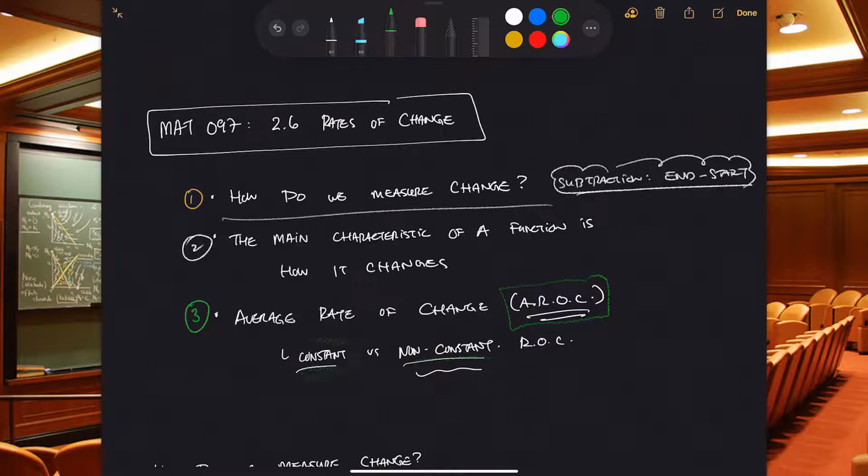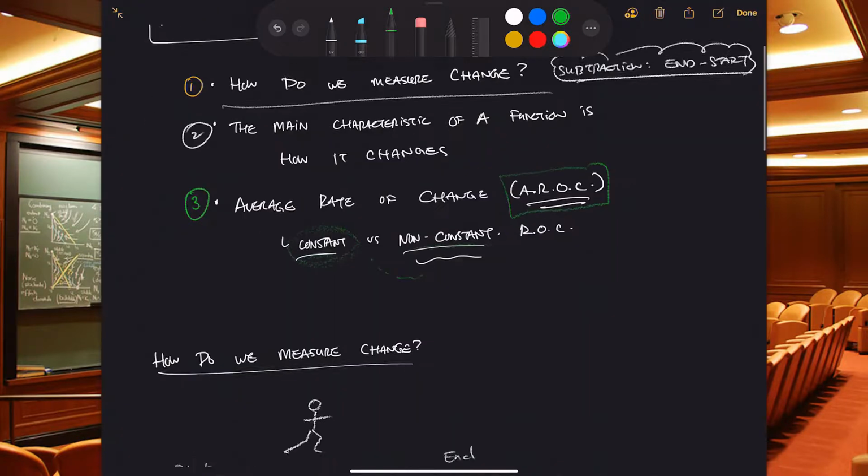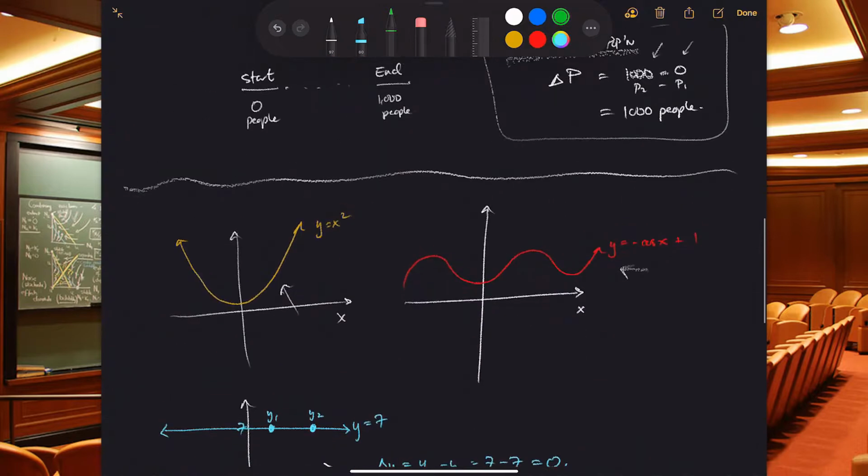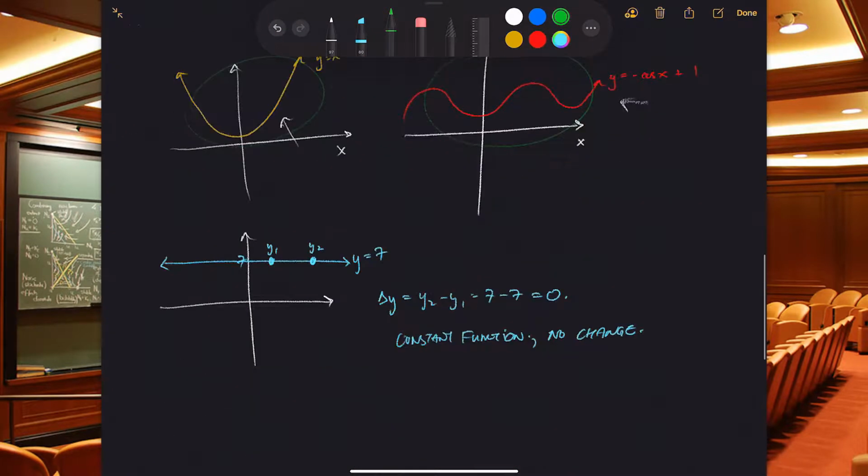Our next unit's going to focus on functions with constant rates of change, and then again we'll dip into things that look a little bit more like the functions we saw down here that have different types of change. This does have a constant rate of change, but this is not exactly what I mean.